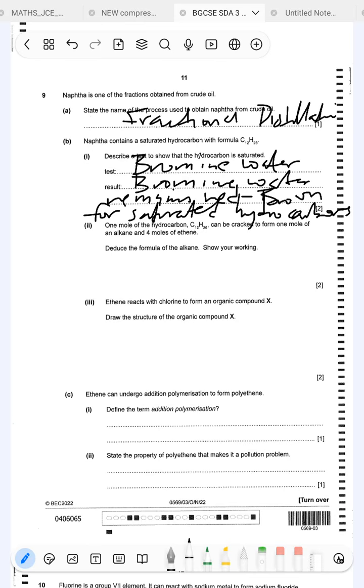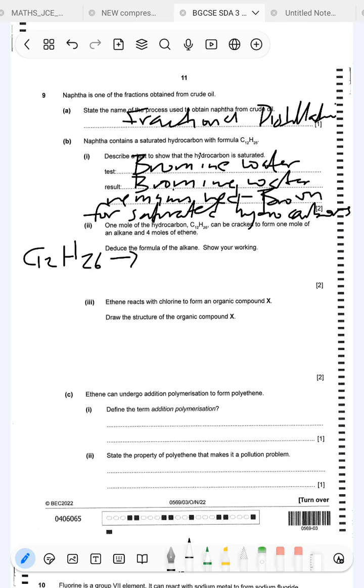Roman figure 2 says 1 mole of the hydrocarbon, the one that we are given here, can be cracked to form 1 mole of an alkane and 4 moles of ethene. So in other words, this guy here, C12H26, remember, cracking is where you break down a large molecular hydrocarbon into smaller hydrocarbon chains, right?